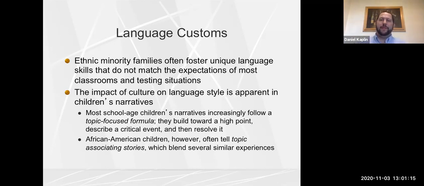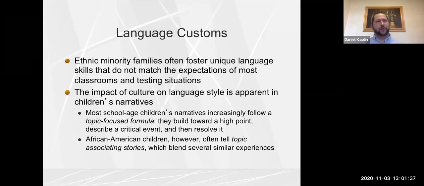Well, the language customs of African Americans: when they speak or tell stories, they don't build stories in that plot fashion. Many African American children do what's called topic associating stories, which is linking similar experiences.